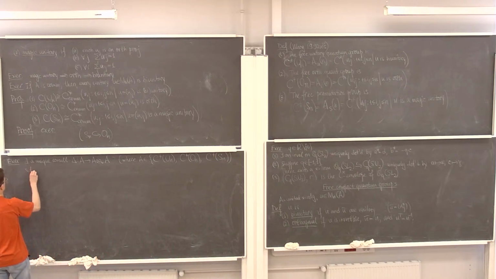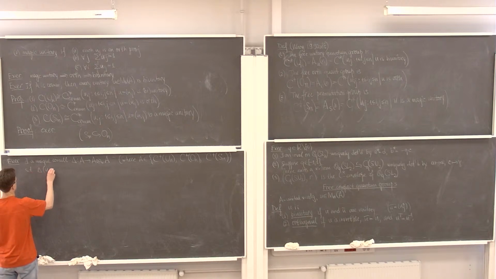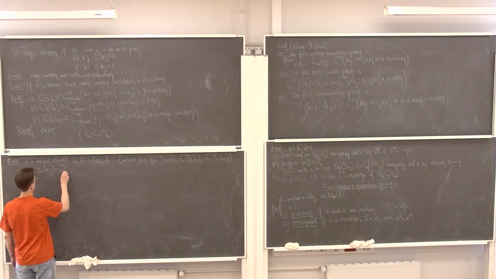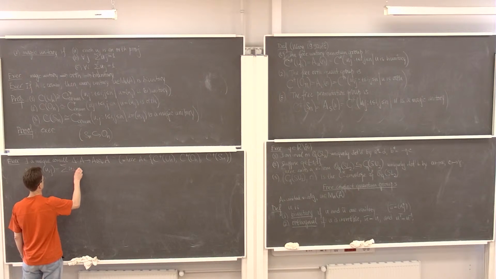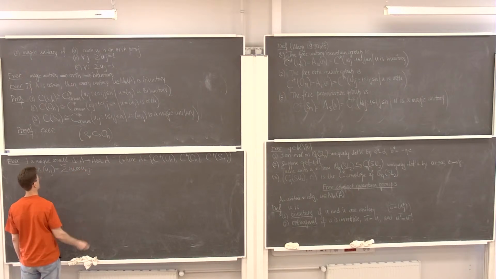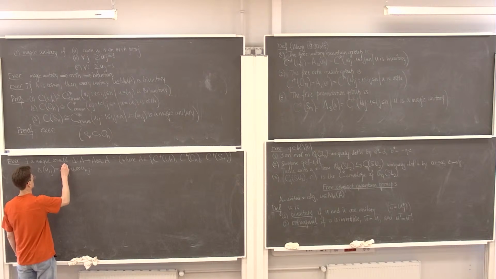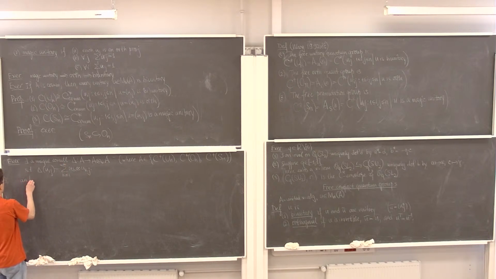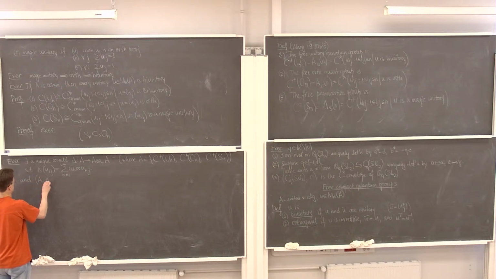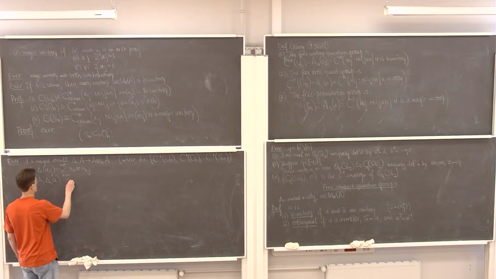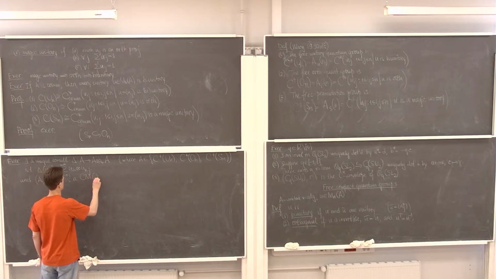Such that delta of Uij is the following sum. And moreover, A together with delta and U is a compact matrix quantum group.